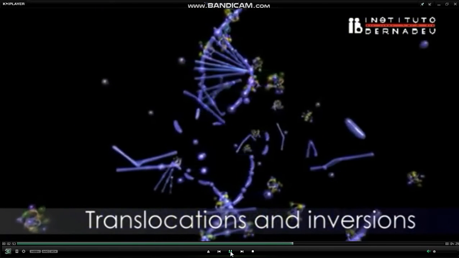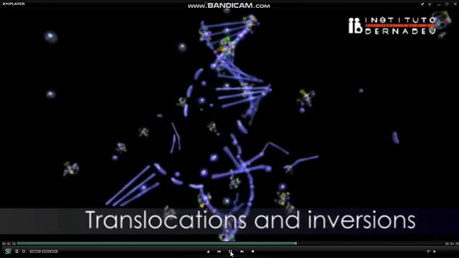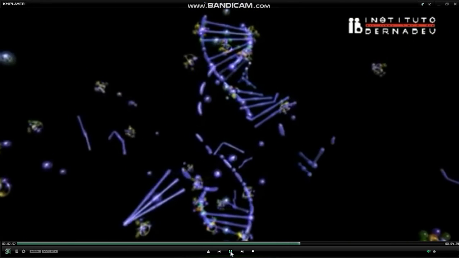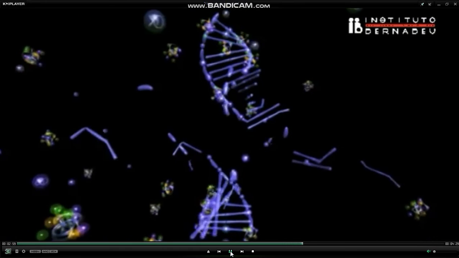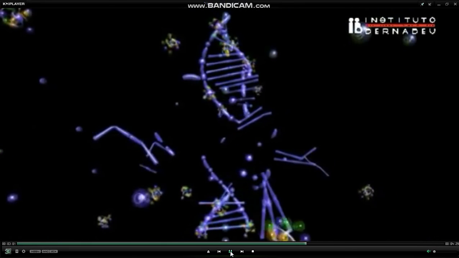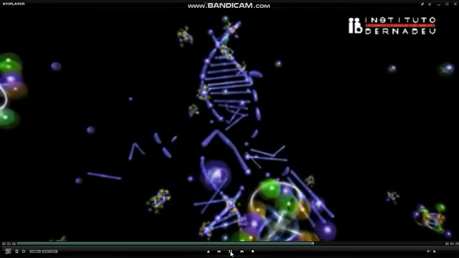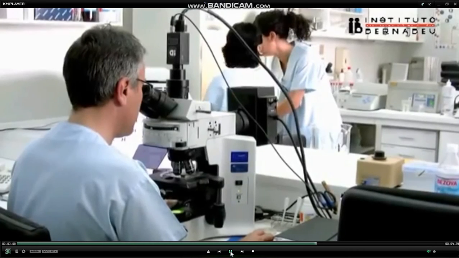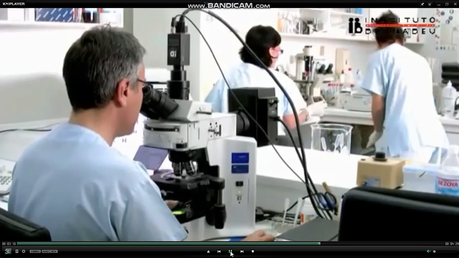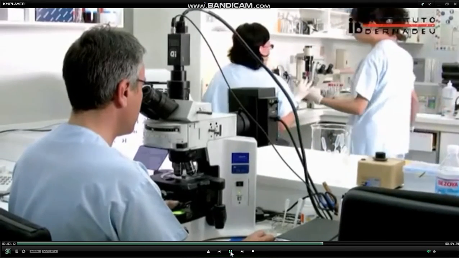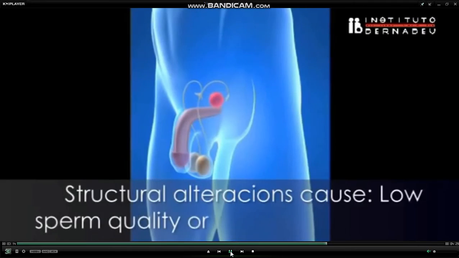Then translocations, inversions, and all such kind of mutations can be identified. Many times this can be a case of a particular kind of region. There have been several cases of some autoimmune diseases where such abnormalities have been seen related to translocation of particular genes, which can also be identified.